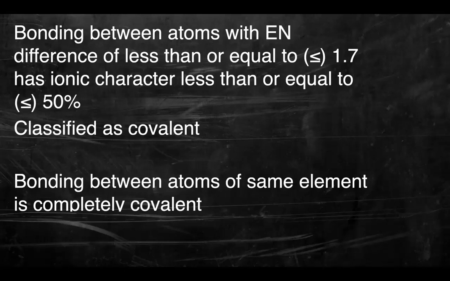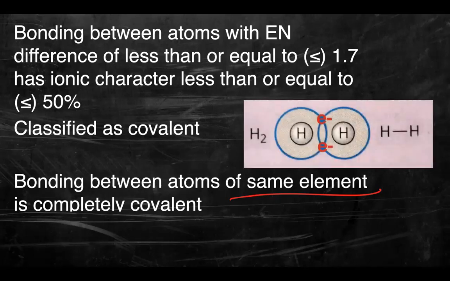If you have atoms of the same element, that is going to have an electronegativity difference of 0 because it's the same element. So they're going to have the same EN. And so that's going to be purely non-polar covalent. So for example, two hydrogen atoms.